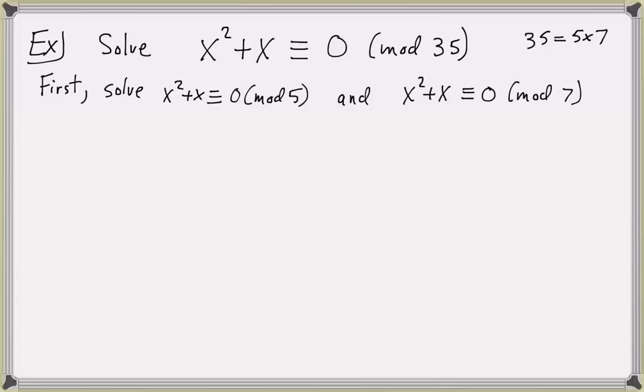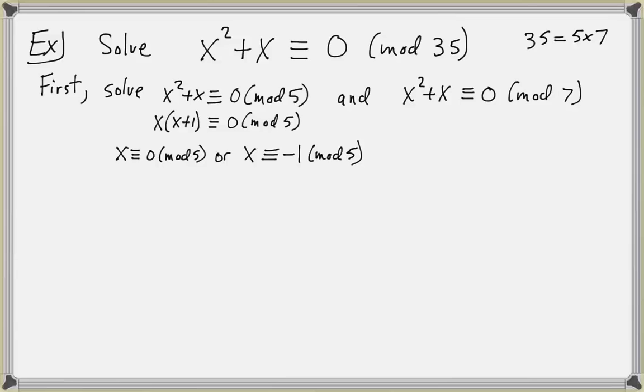Well, we can factor this polynomial. This is x times x plus 1, and if x times x plus 1 is congruent to 0 mod 5, then we know that x is going to be congruent to 0 mod 5, or x is going to be congruent to, if I set x plus 1 congruent to 0, x will be congruent to negative 1 mod 5.